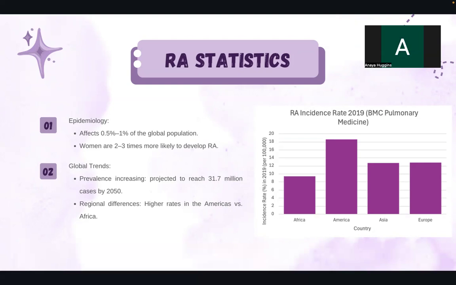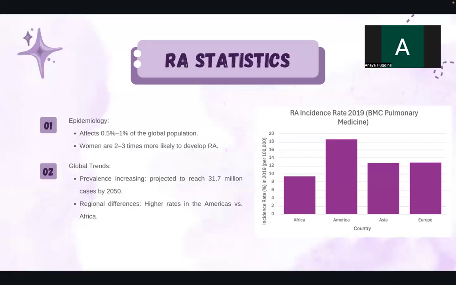Regionally, RA is more common in certain areas such as North America compared to parts of Africa, where prevalence rates are lower. Understanding these patterns helps us to target resources and research. As you can see in this graph, I looked at the RA incidence rate in 2019. Specifically in order, Africa had less than 10 per 100,000. America had over 18, Asia had a little bit over 12, and so did Europe.